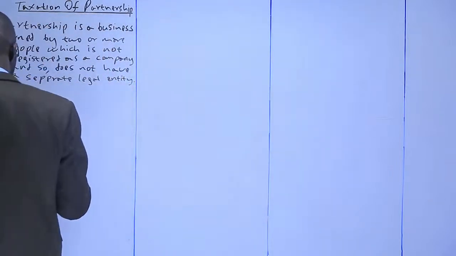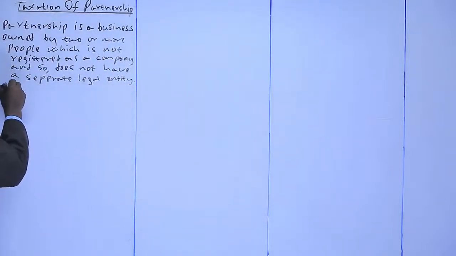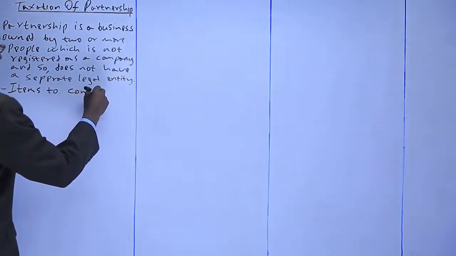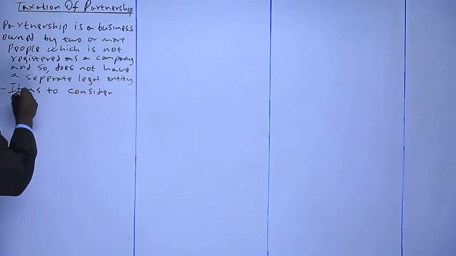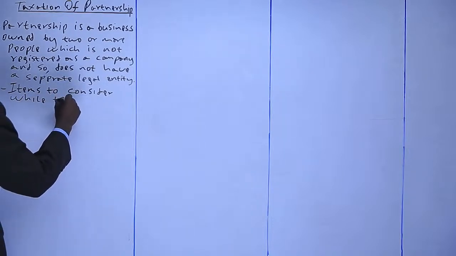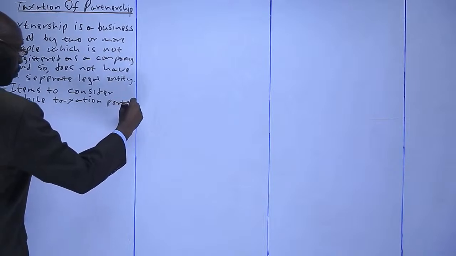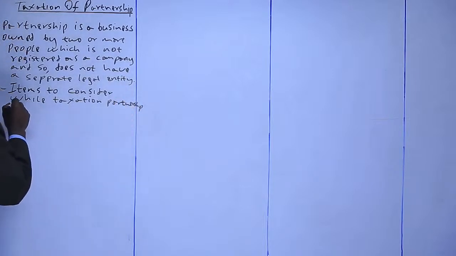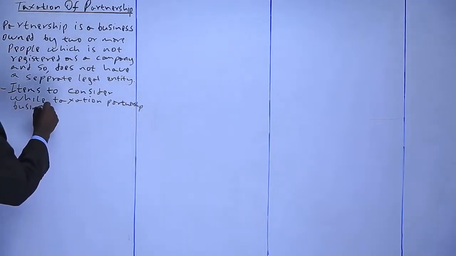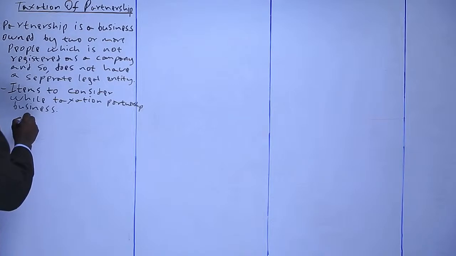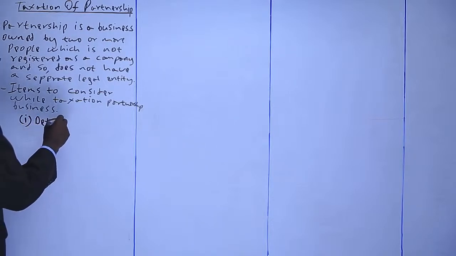So areas to consider, or items to consider while taxing partnership business. Number one, determination of taxable income.